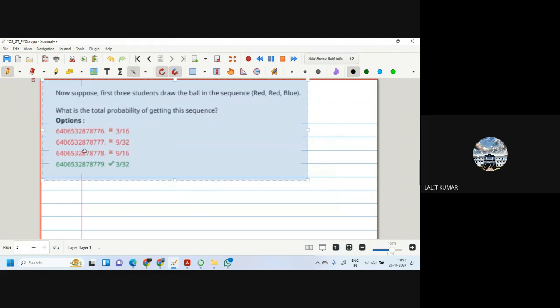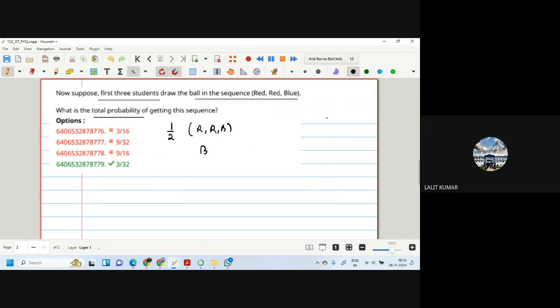Now, the first three students draw the balls in the sequence red, red, blue. What is the total probability? So total probability will become RRB from blue majority plus half into RRB from red majority.